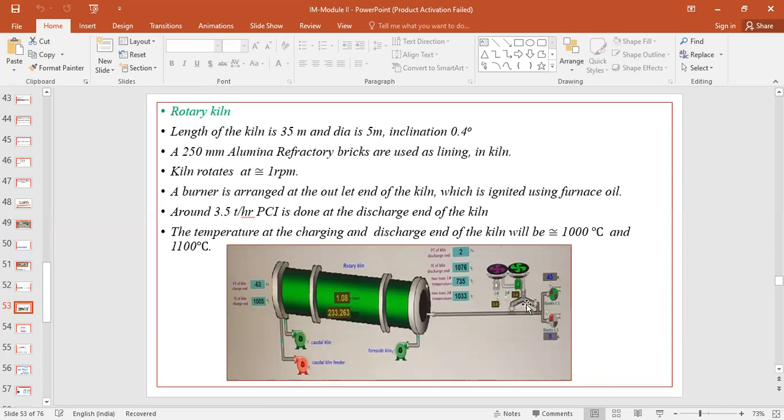You can see in this particular picture around 3.4 is showing, that is around 3.4 tons of PCI is injected into the kiln per hour. The temperature at the charging and discharging end of the kiln will be approximately 1000 to 1100 degrees centigrade. You can clearly see the temperatures here also.